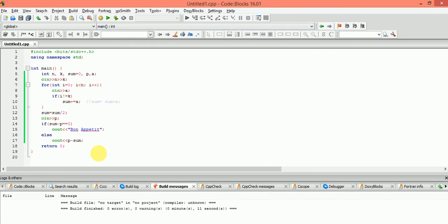So here minus 5 came because I have taken p minus sum, and p is the greater value, so we can check it here.